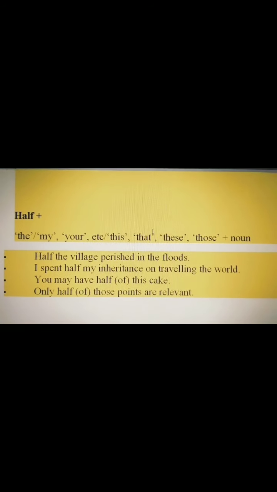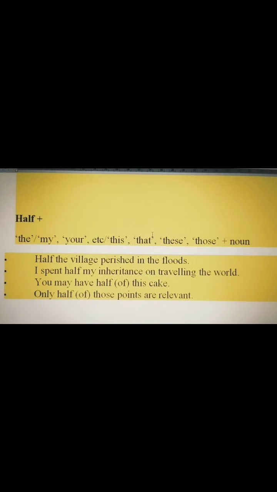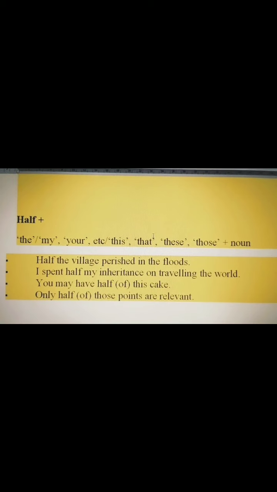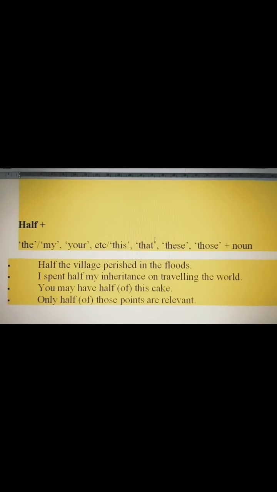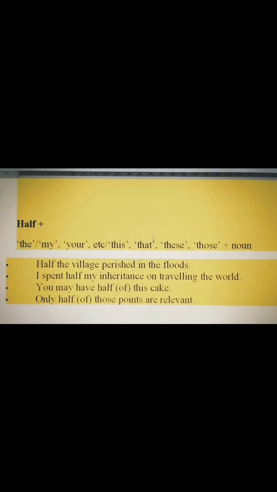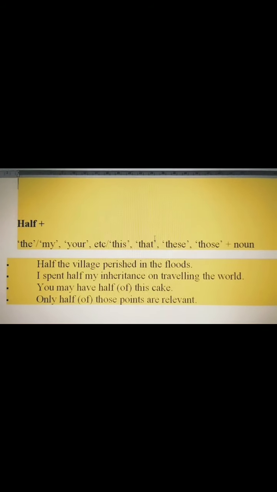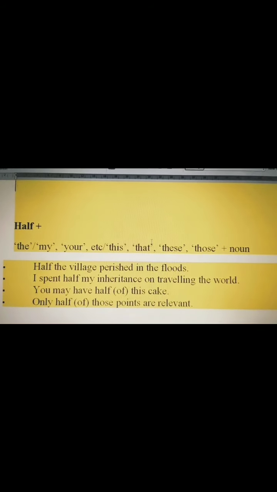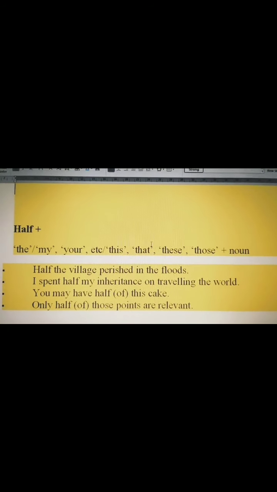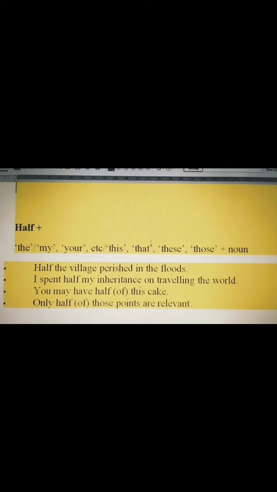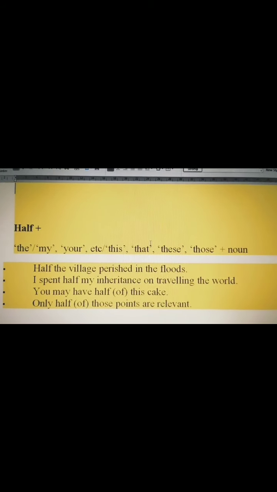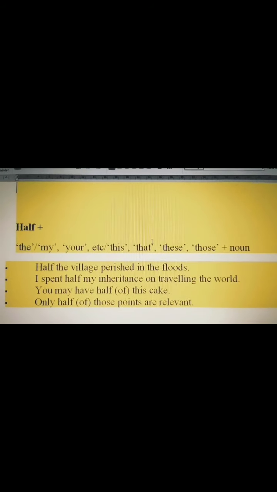Next one: you may have half this cake, meaning you are talking about the particular cake, so that's why you have used this here. Then: only half of those points are relevant. So here I think it is clear how you have to use different words in different sentences as a determiner.